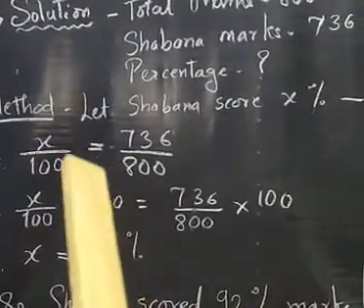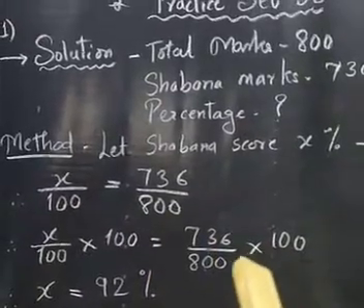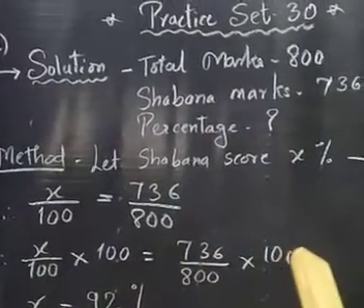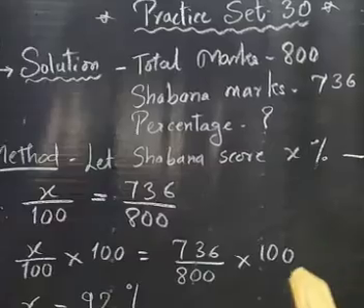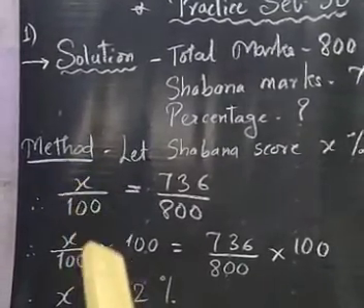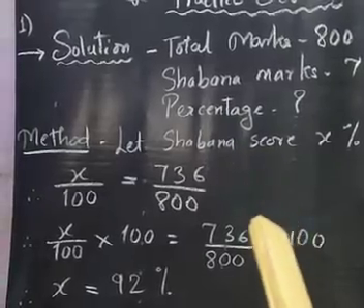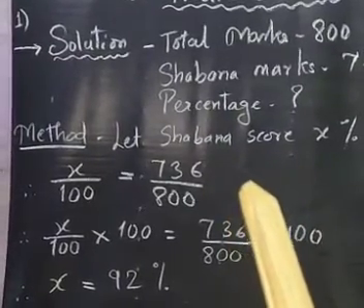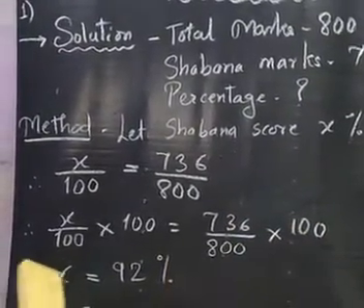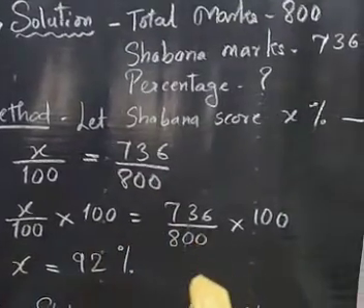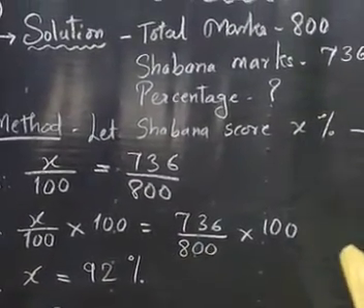Okay? So first of all, let us suppose that Shabana has scored X percentage in her exams. So see, X upon 100 means X percent is equal to percentage out of 800. Total marks 736. So X upon 100 into 100 and 736 upon 800 into 100.